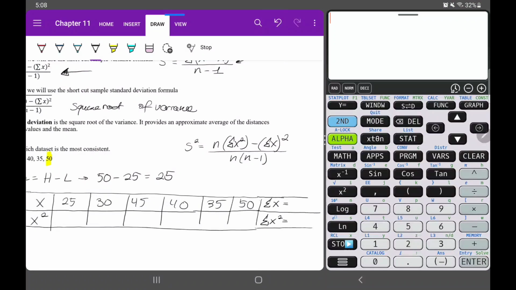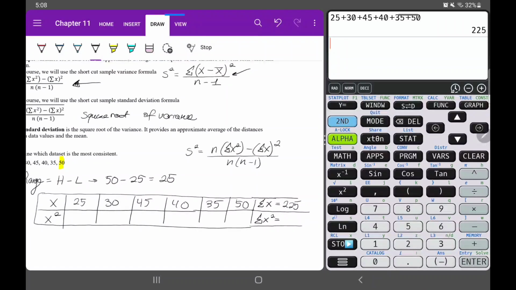Let's add up those values. 25 plus 30 plus 45 plus 40 plus 35 plus 50. That equals 225.